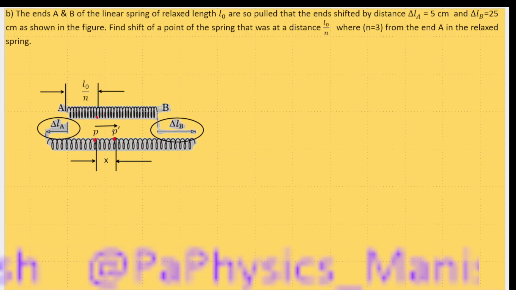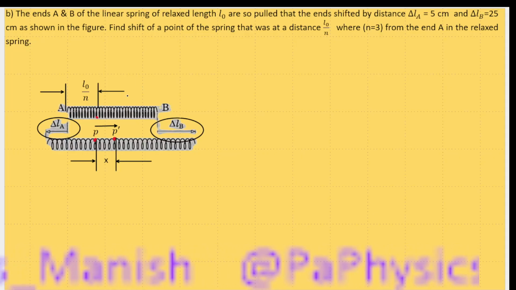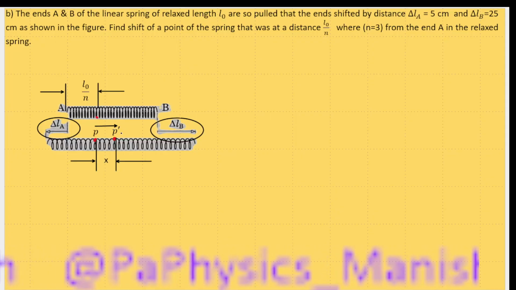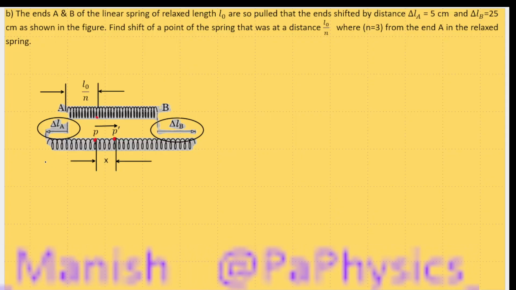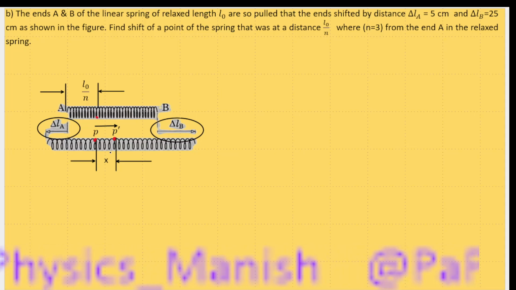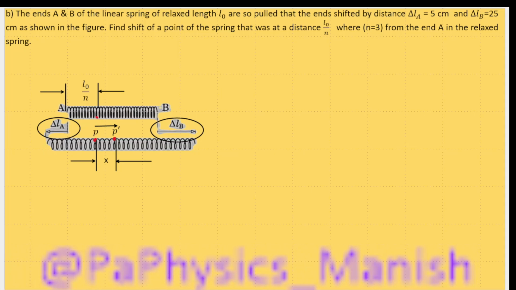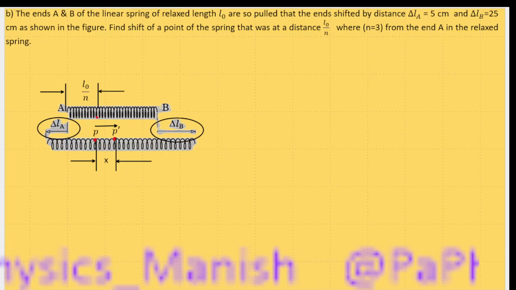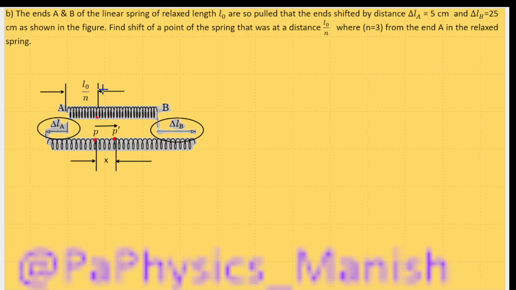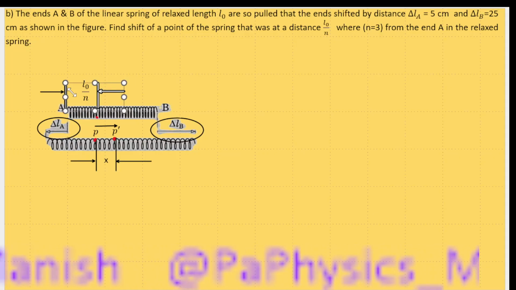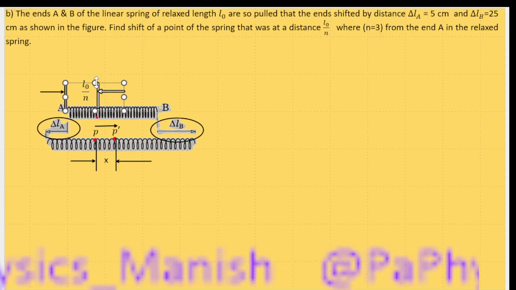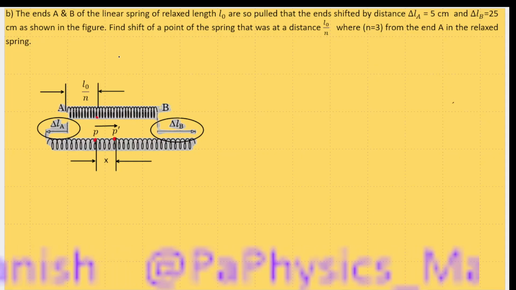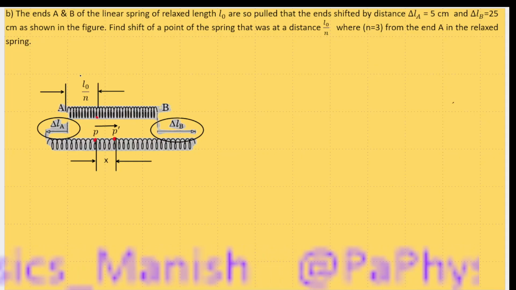So what is the strain in this part? This part of the spring was of length L naught by N from this end.